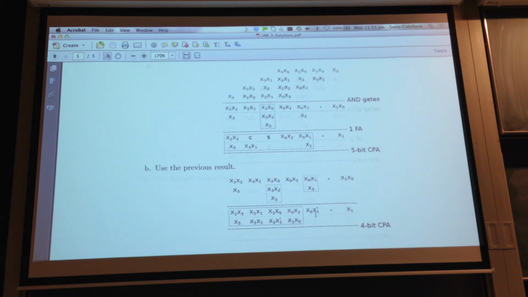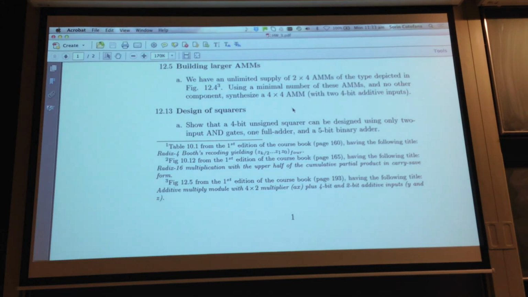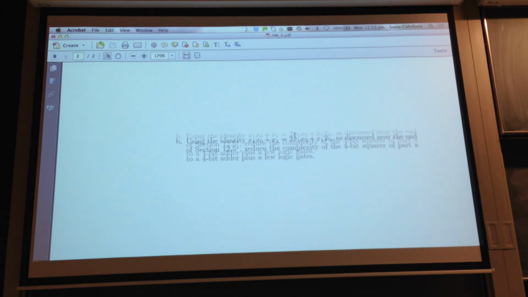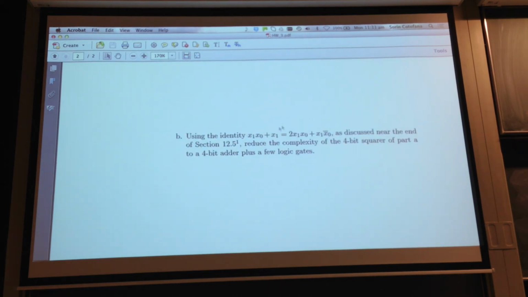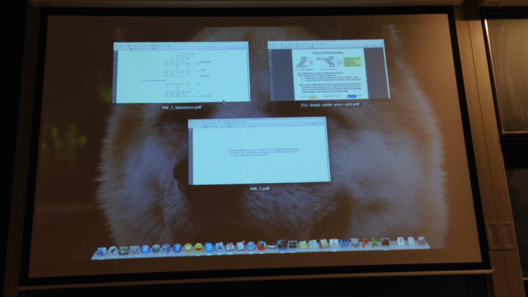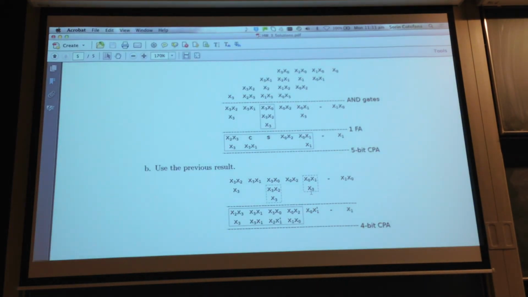Now, in the final part, you were told to utilize this kind of trick, that was the key. Then you replace this with a carry in, and apply this trick. This is what you obtain.